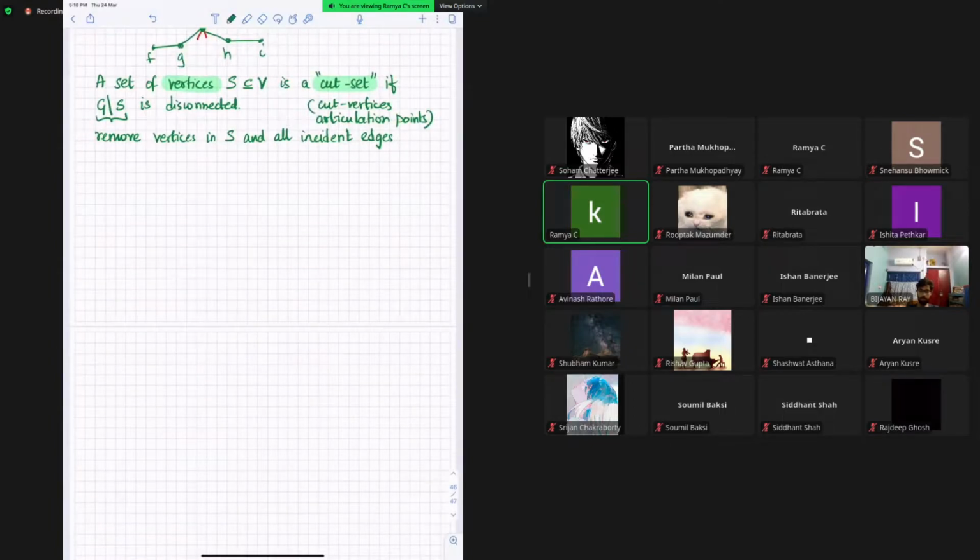You say a set of edges can also be removed from the graph. So let's see, a set of edges. Let me just call it E prime.